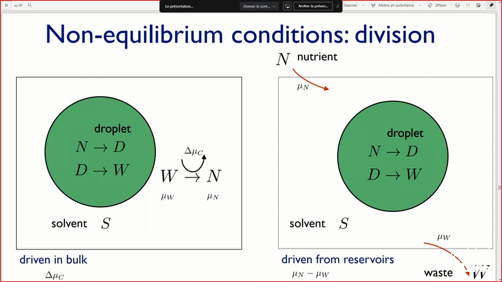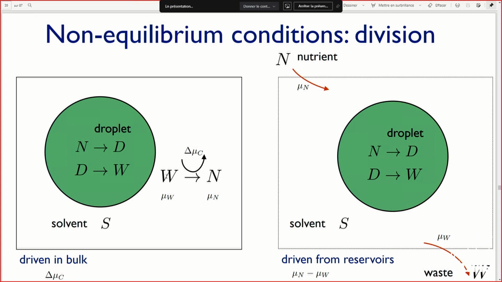So for that reason, one can distinguish here 2 different ways to drive the system out of equilibrium. On the left is the picture I showed you before, where I use some extra energy input, delta mu, of component C, that somehow breaks the detailed balance between W and N, the waste and the nutrient.